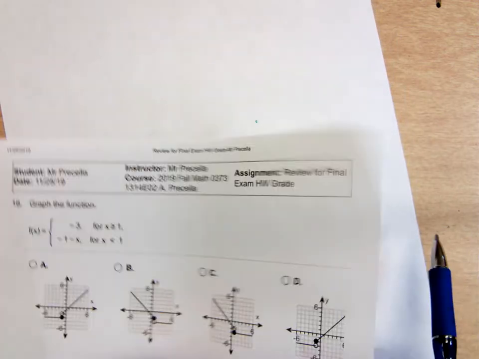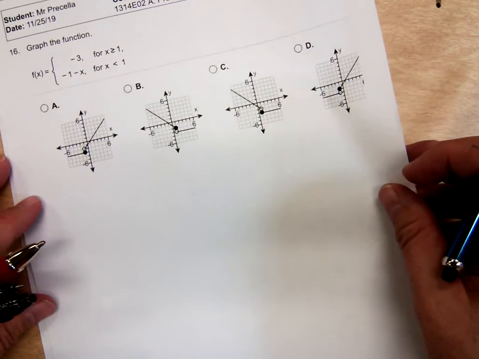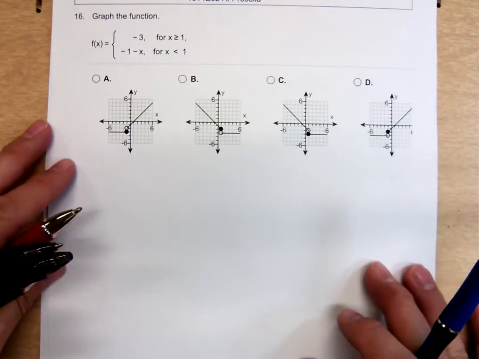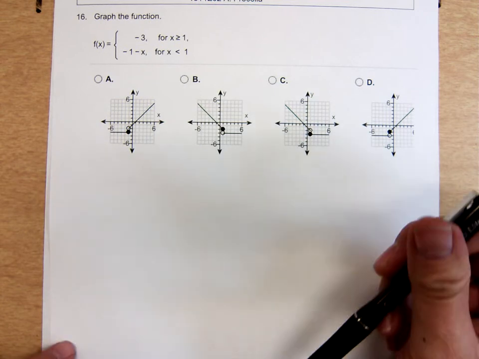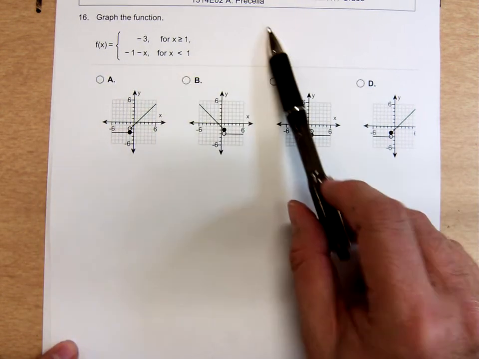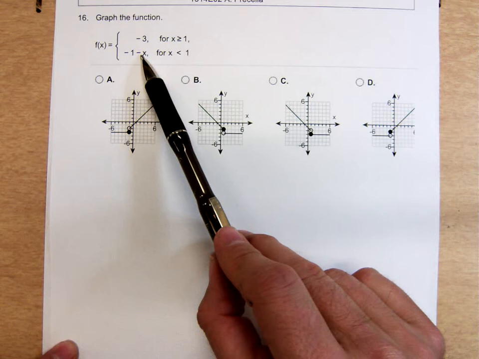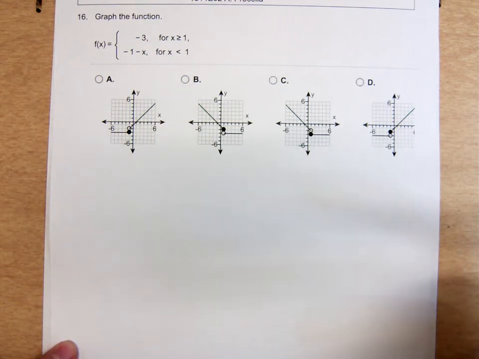Let's see. Number 16. To graph this piecewise function broken up into two pieces, there's a couple of ways you could do it.